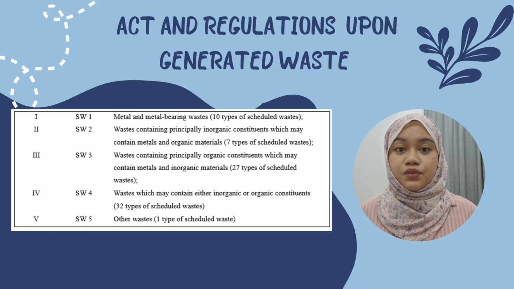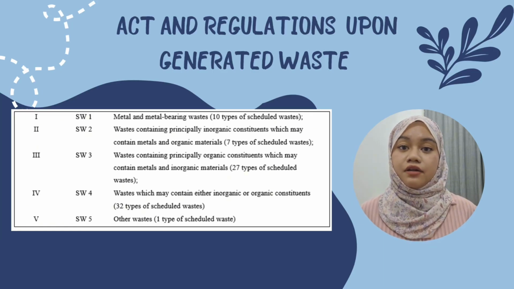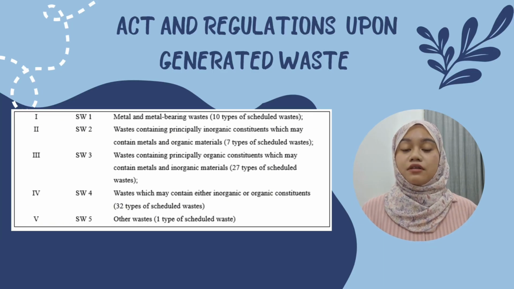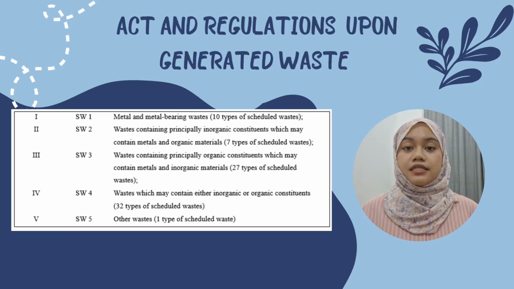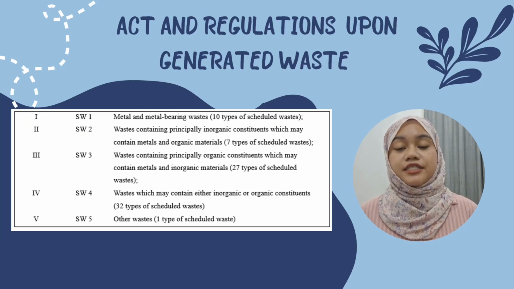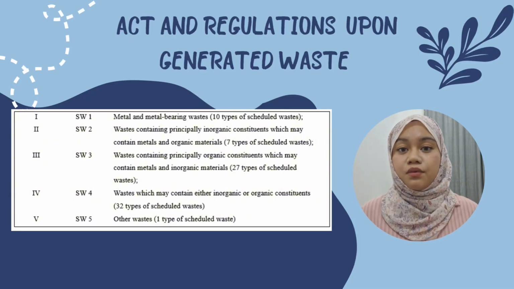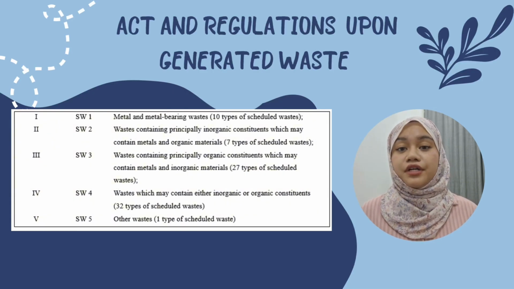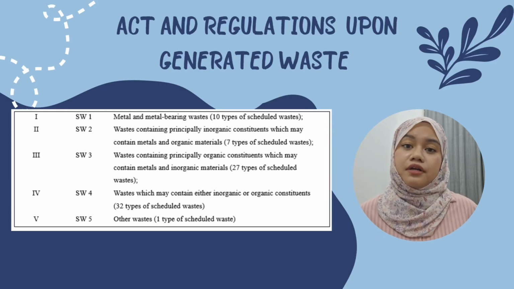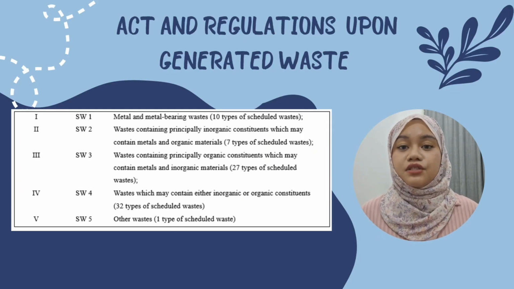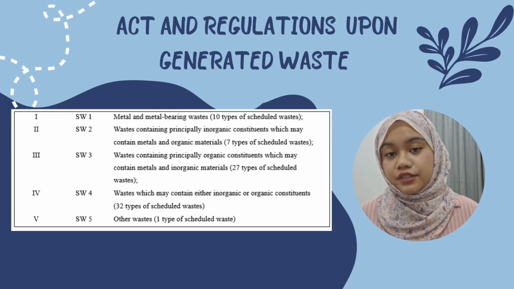SW1 includes metal-based waste like lead, mercury, and cadmium, which can be toxic if not handled properly. SW2 covers inorganic waste such as acidic or alkaline residue that may contain metal or organic compounds. SW3 includes organic waste like solvents, contaminated oils, and sludge from chemical processes. SW4 is a broad category covering various hazardous industry by-products and residue.